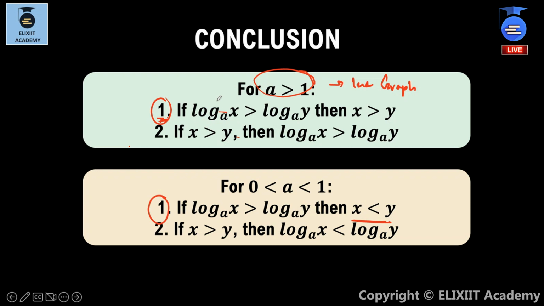Log x base a, you are cancelling out log base a and getting x is more than y. Base is the same. Obviously, the base needs to be the same to cancel out from both sides. You can write this as x more than y, provided that it is an increasing graph. If it is decreasing, you can cancel out, but the orientation also needs to be changed. This is what you need to figure out.